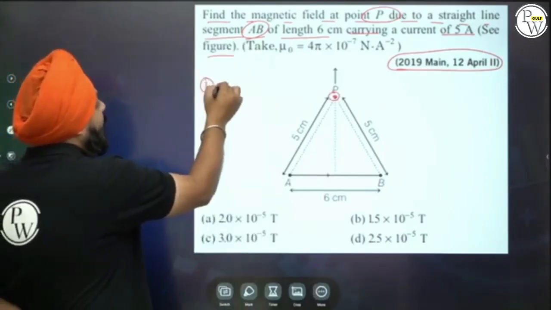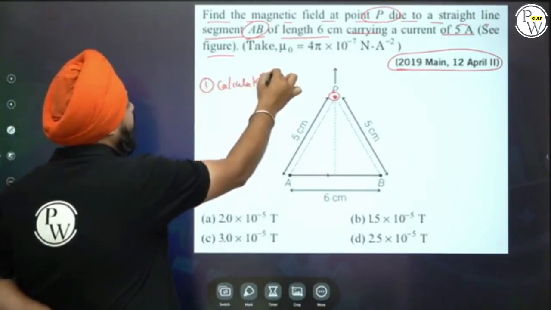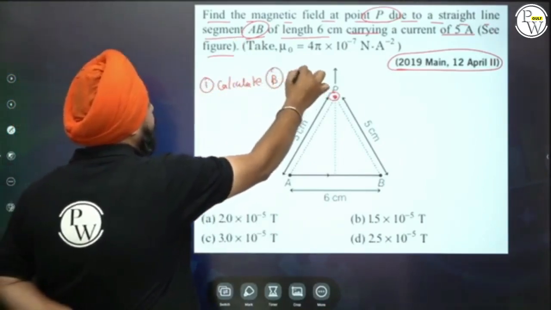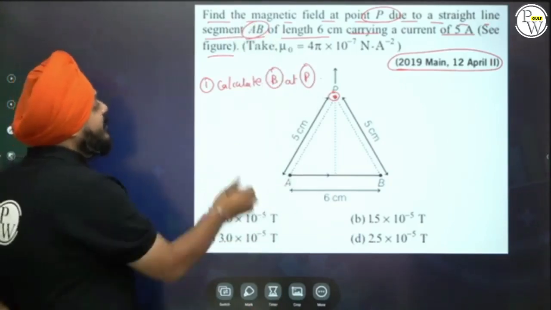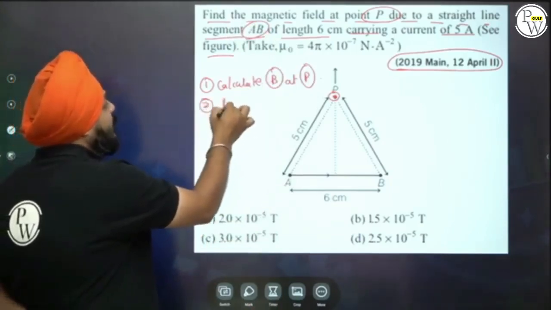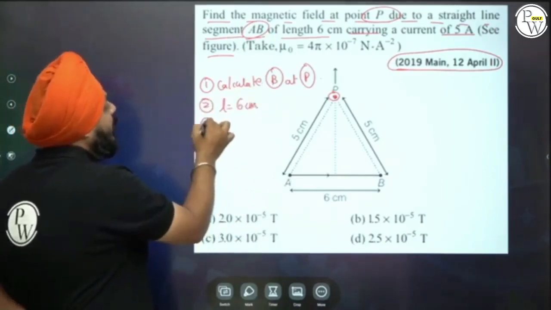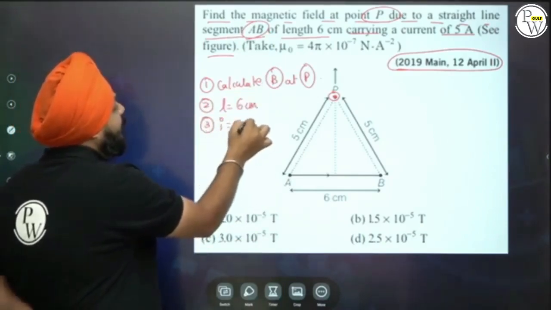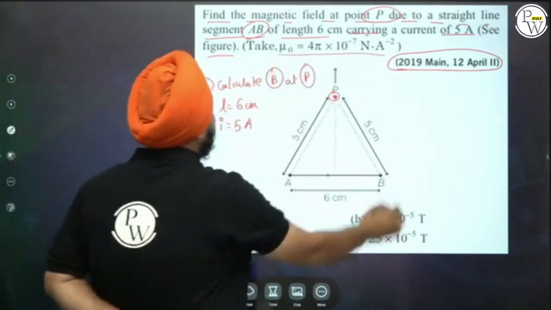The agenda is to calculate the magnetic field at point P due to the straight line segment. Second, the length of the segment is given as 6 centimeter. The current is given as 5 ampere, and the permeability value is given.